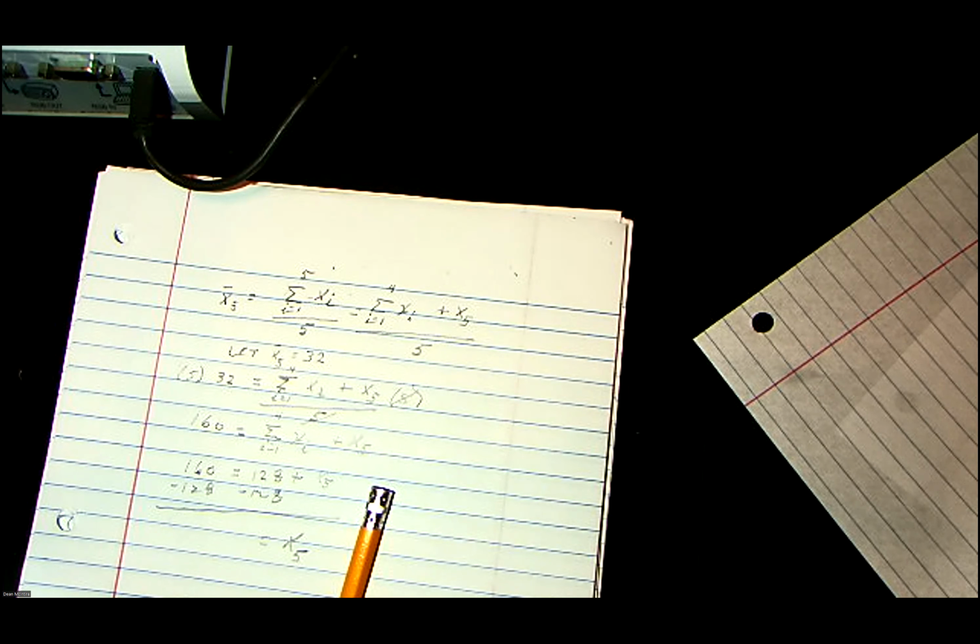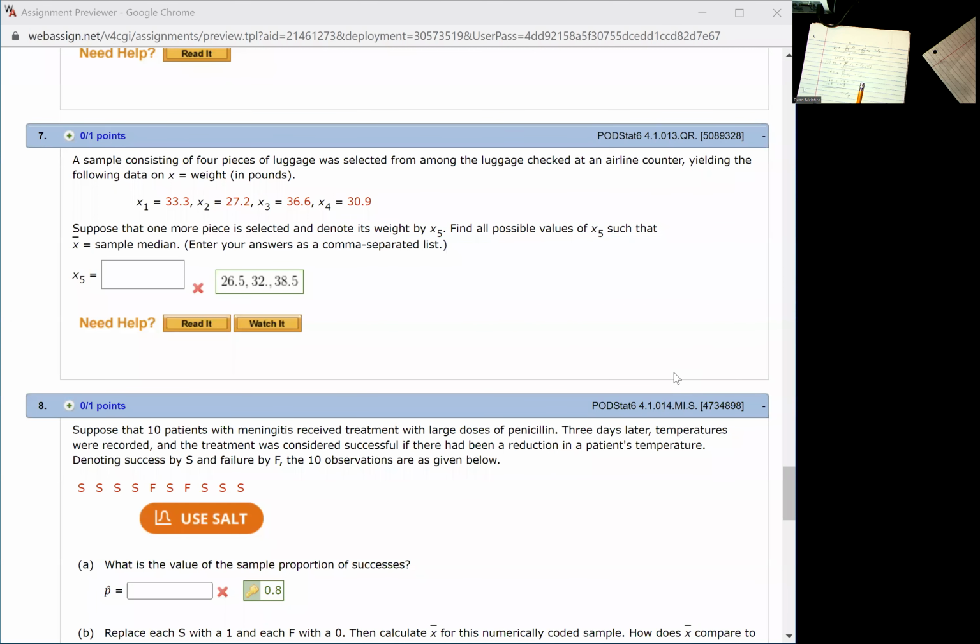We'll check something here. We have x sub 5 is equal to 32.